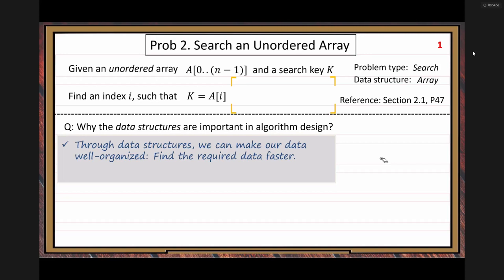We are willing to spend time to organize the data. Organizing the data, that step, we can treat as pre-processing. To organize the data, we need to spend some computing time. All right? But we call it pre-processing. The reward is big.